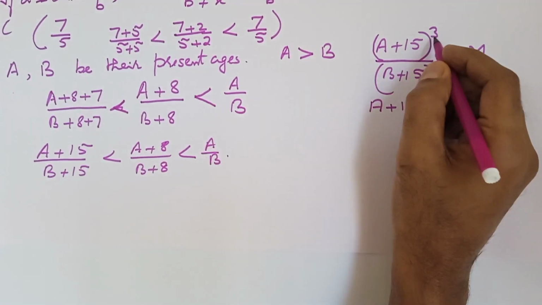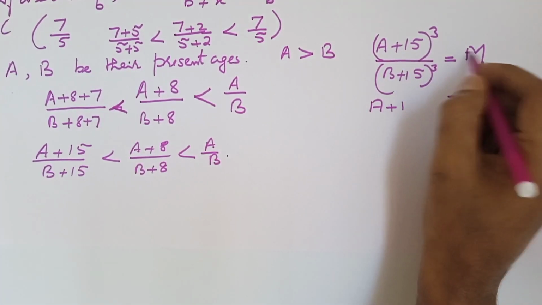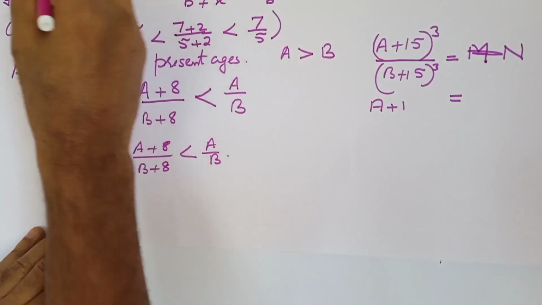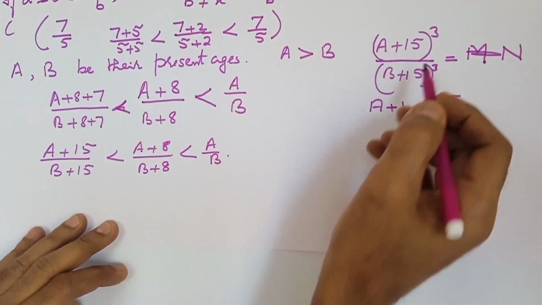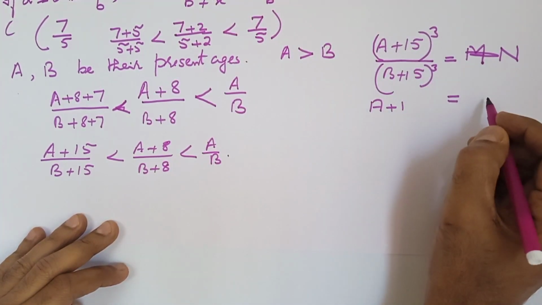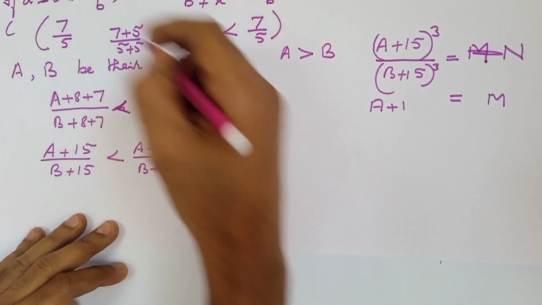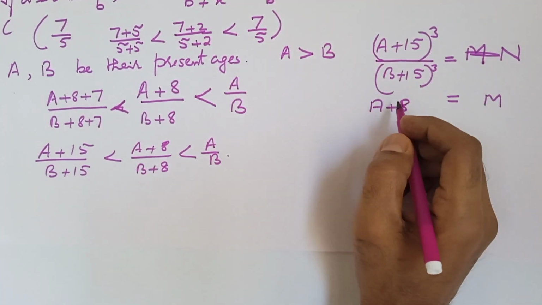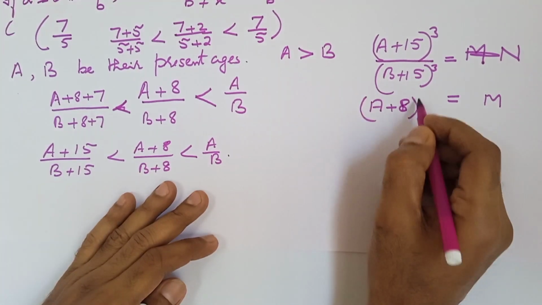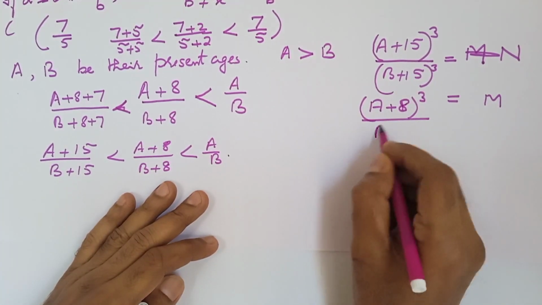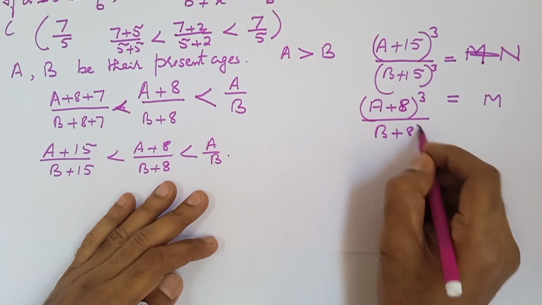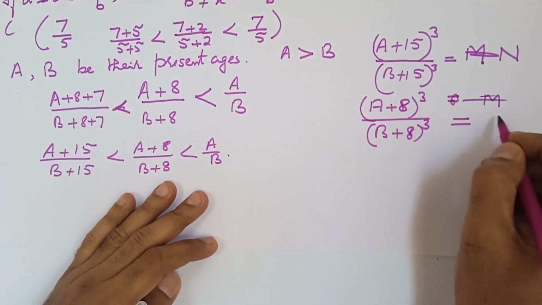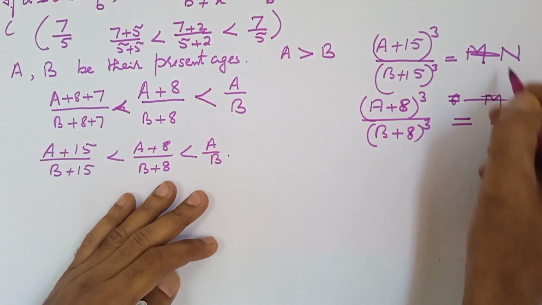A plus 15 cubed by B plus 15 cubed is not M, it is N. N denotes the ratio 15 years from now. Whereas M denotes what? The ratio of cubes of their ages 8 years from now. So this is M. This is N.